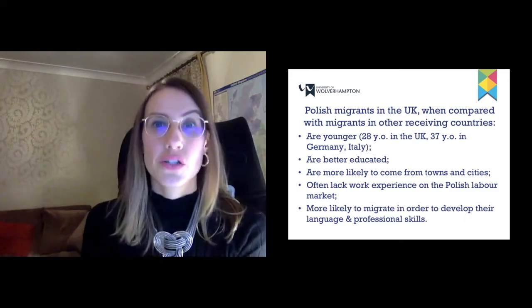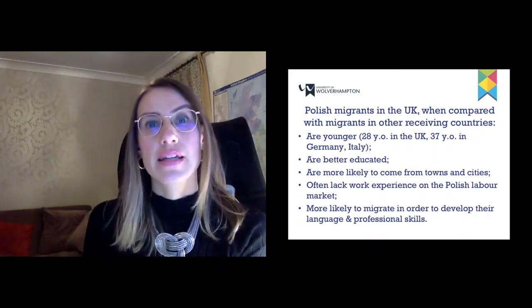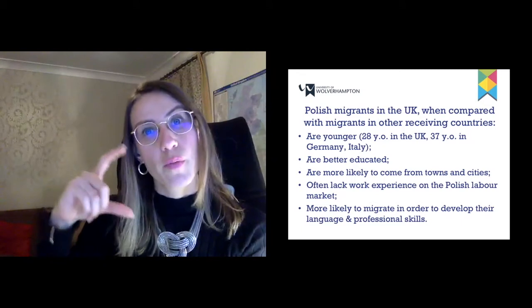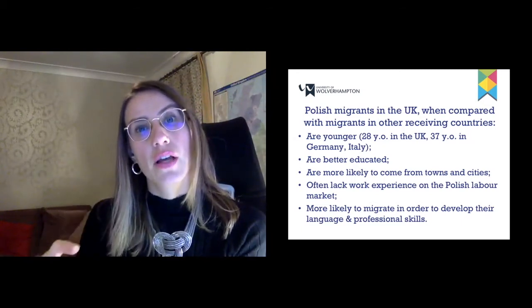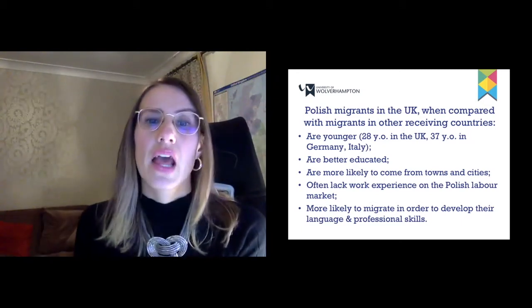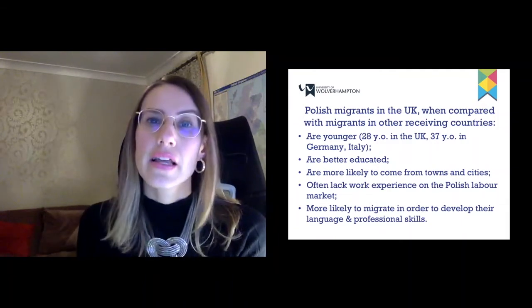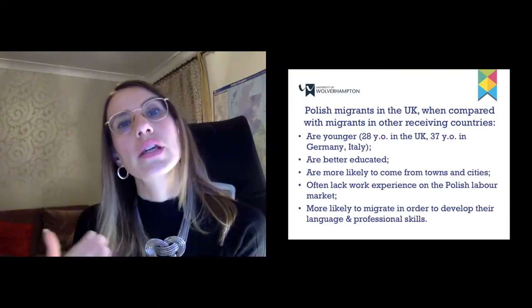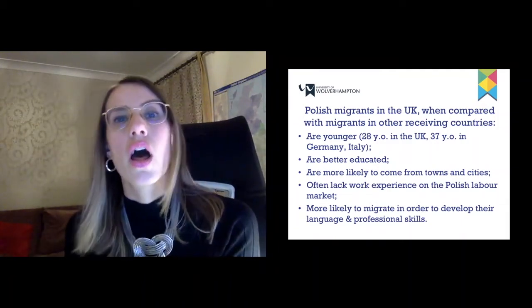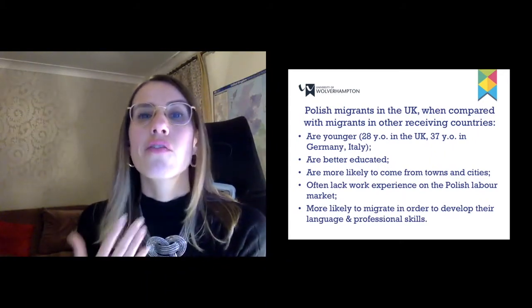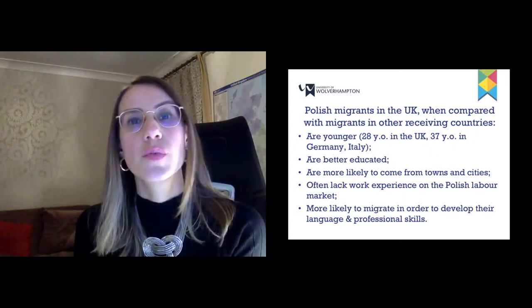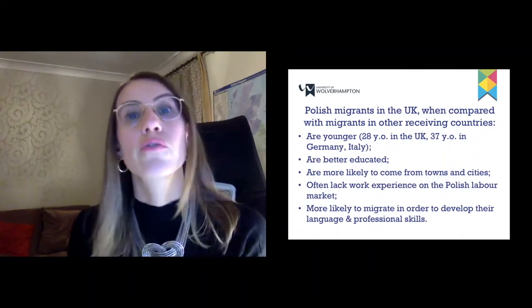They are also better educated, as you remember from this last slide with the percentage of people with higher education. Graduates are also more likely than people who migrated to Germany, Italy, Ireland, or the United States to come from towns and cities. These people are not so likely to come from villages.